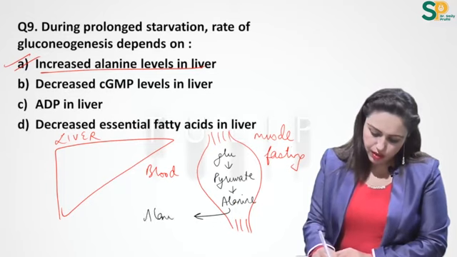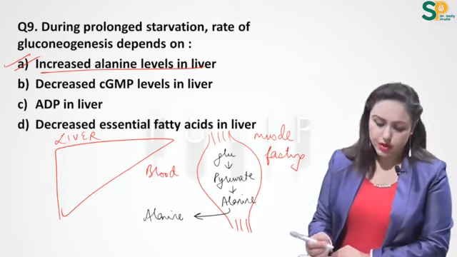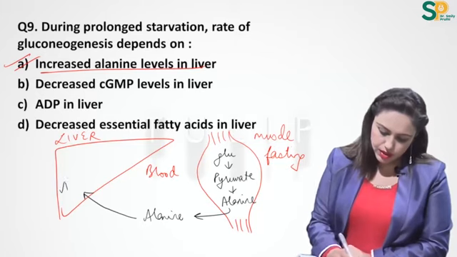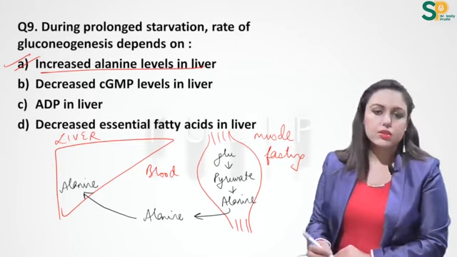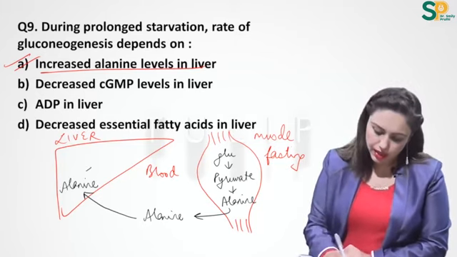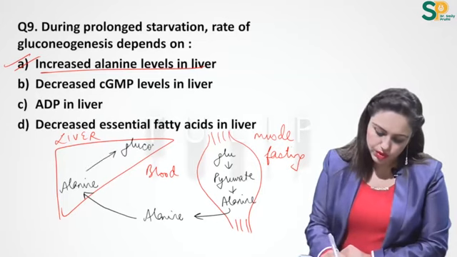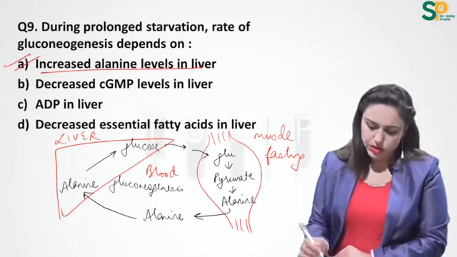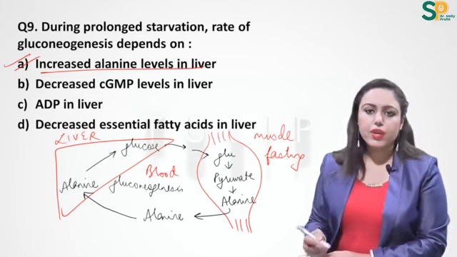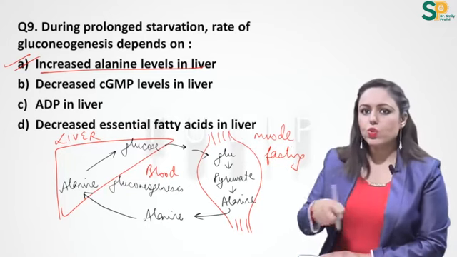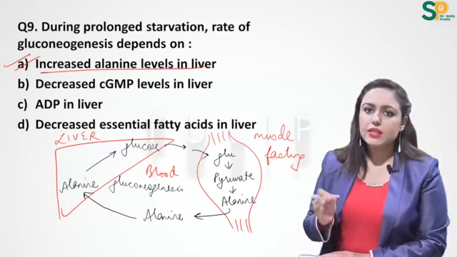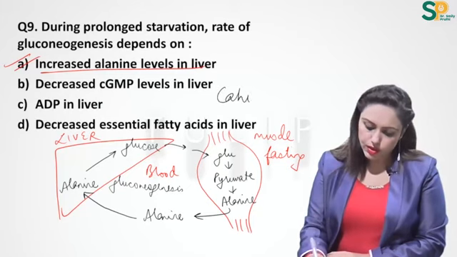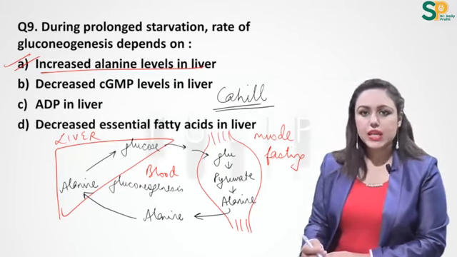This alanine comes out of the muscle cell into blood, and is taken up by liver cells. Now in liver, this alanine will form glucose by which pathway? Gluconeogenesis, and then this glucose is supplied to fasting muscle. So this is a cycle, known as the glucose-alanine cycle, also known as the Cahill cycle.